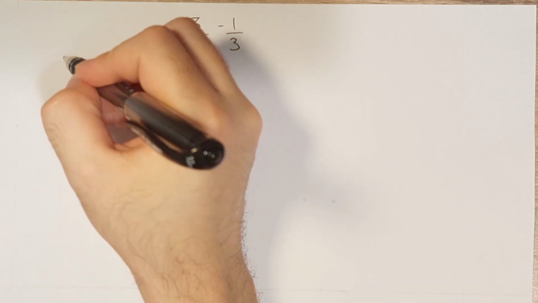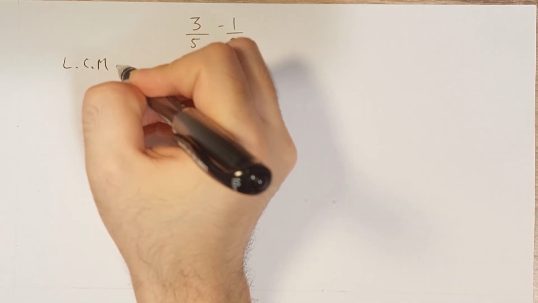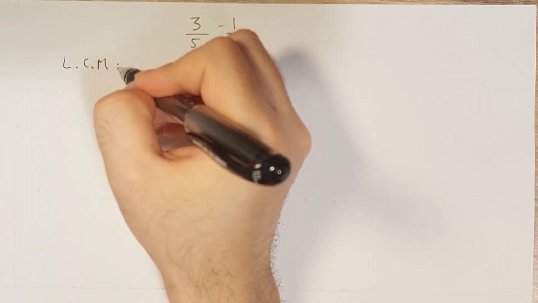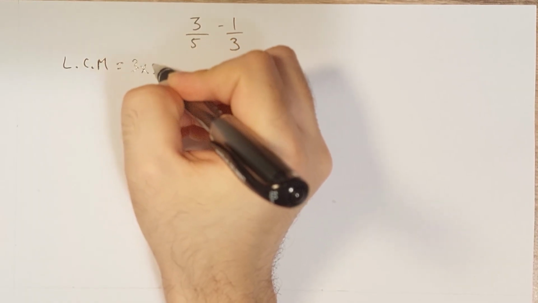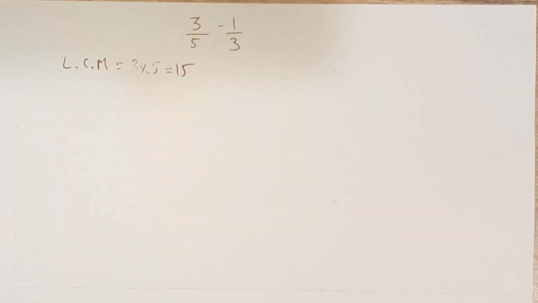The next question we have is 3 by 5 minus 1 by 3. The denominators are different, but they're both prime numbers. When you have two denominators that are both different prime numbers, the easiest method to find the LCM is to just multiply them. 15 is the LCM.